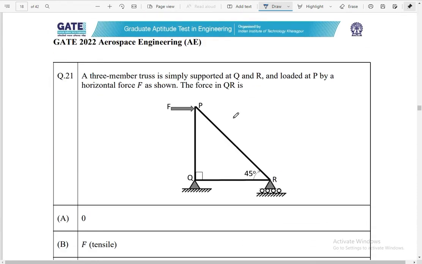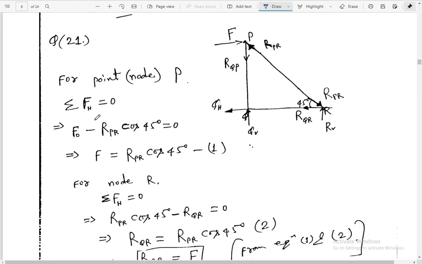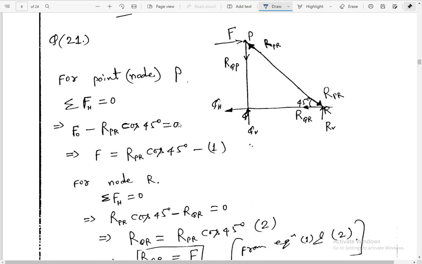Question number 21: a three-member truss is simply supported at Q and R and loaded at P by a horizontal force F. The force in QR is, so asking for force QR. So for question number 21, this is the free body diagram where I mentioned the force is given, PQR is given, a 45-degree angle is there. So the reaction forces, for Q this side, for R this side.